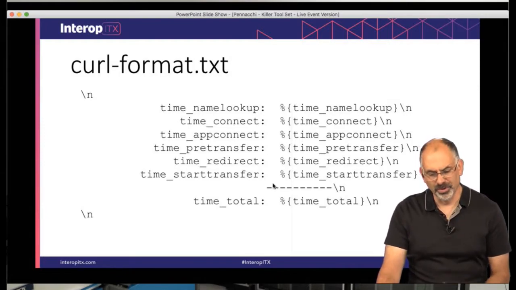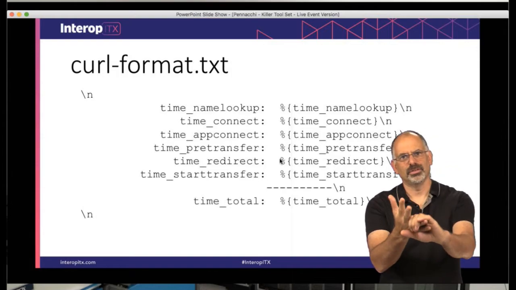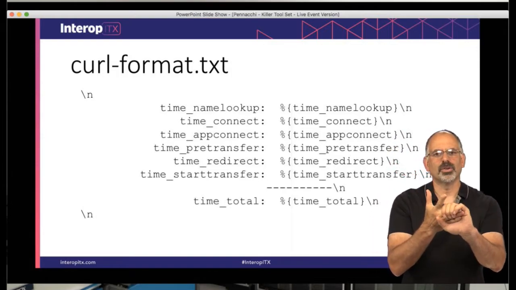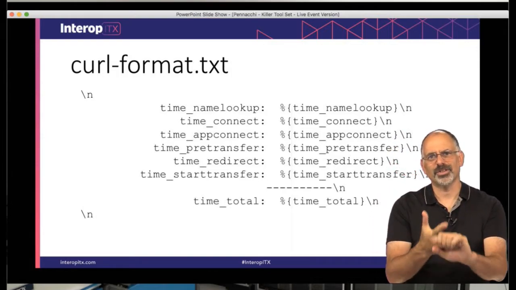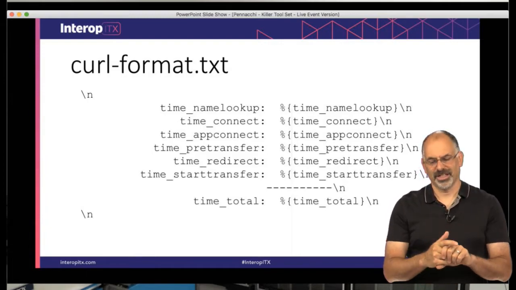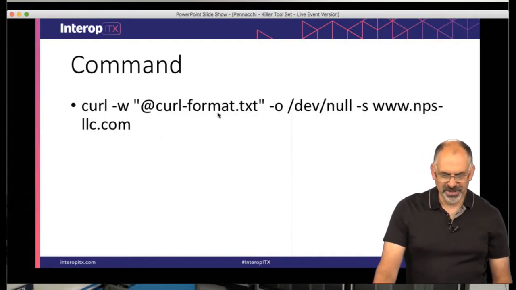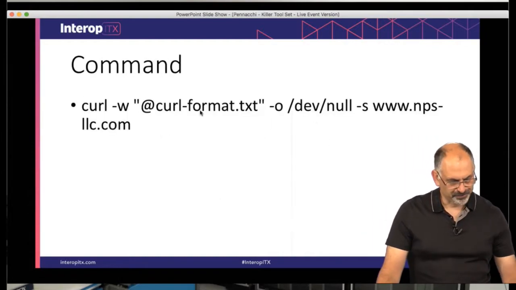So what this will do is it's going to go out, it's going to do a DNS lookup, it's going to do a TCP connection, it is going to connect to the server, send an HTTP get, a response back, it's going to give us some response times. This is the command we're going to use.